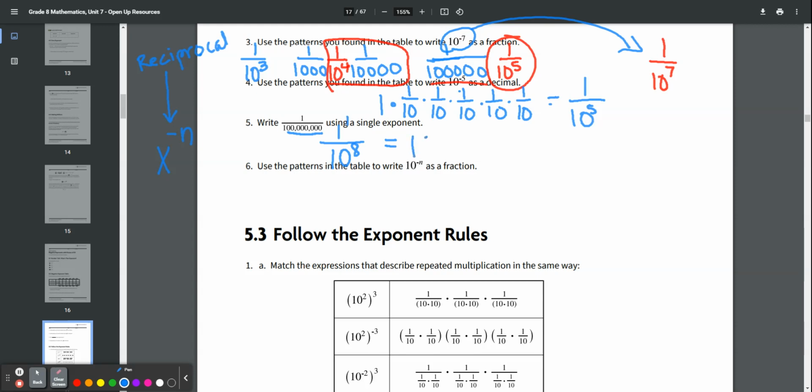So we would have to say that this is 10 raised to the negative 8th power. Excuse me. So to use the patterns in the table to write 10 to the negative nth power as a fraction, we can recognize that that will be a reciprocal of 10 to the nth power.